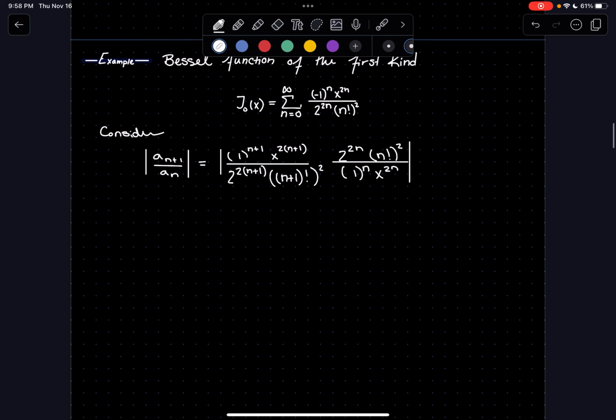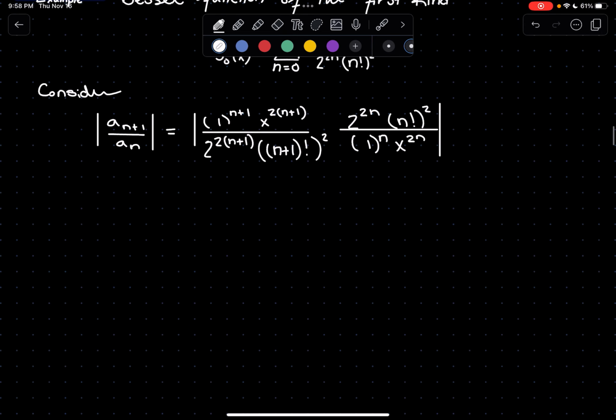Okay, so let's expand some stuff out. So (-1)^(n+1), that's just going to be 1 the whole time, right? So actually I don't even need that.